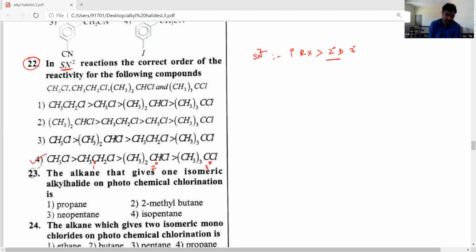So the fourth option is correct. Okay. Now 23, the alkane that gives only one isomeric alkyl halide on photochemical chlorination. Let's see the first one, 23, propane.